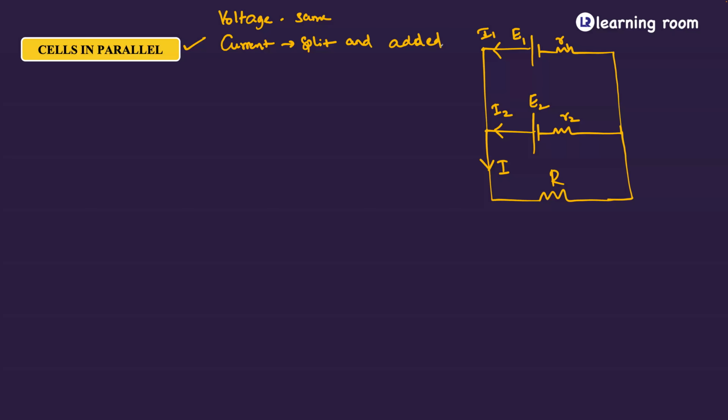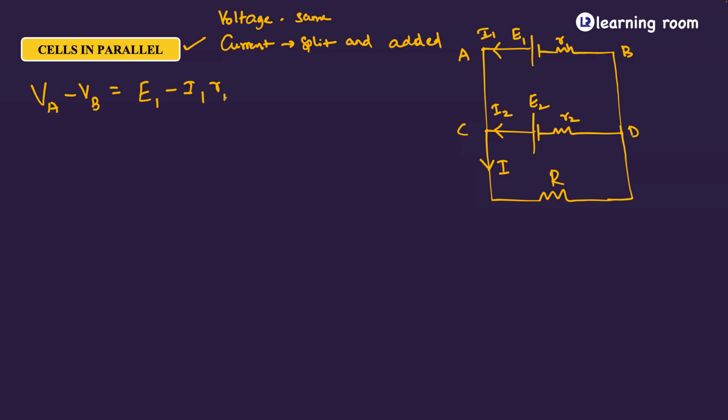Is that right? The question is, if I take this to be AB, and this to be CD, what is VA minus VB? So VA minus VB is going to be equal to E1 minus I1 R1.